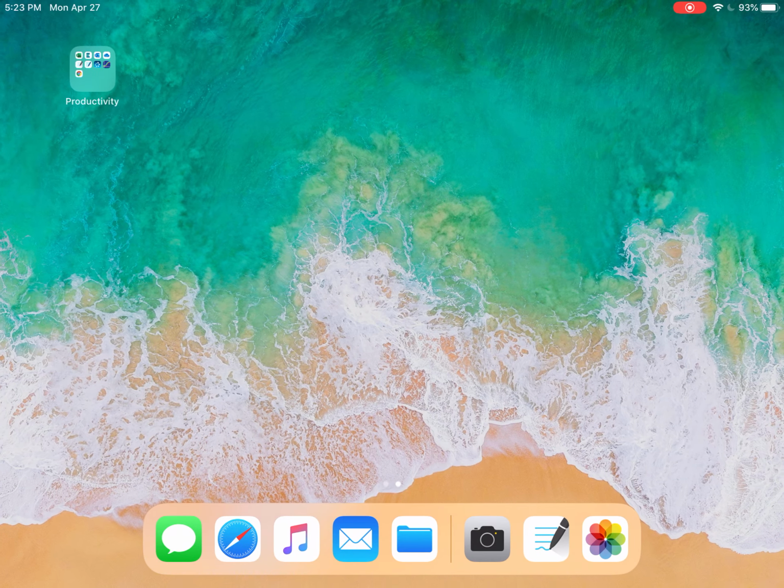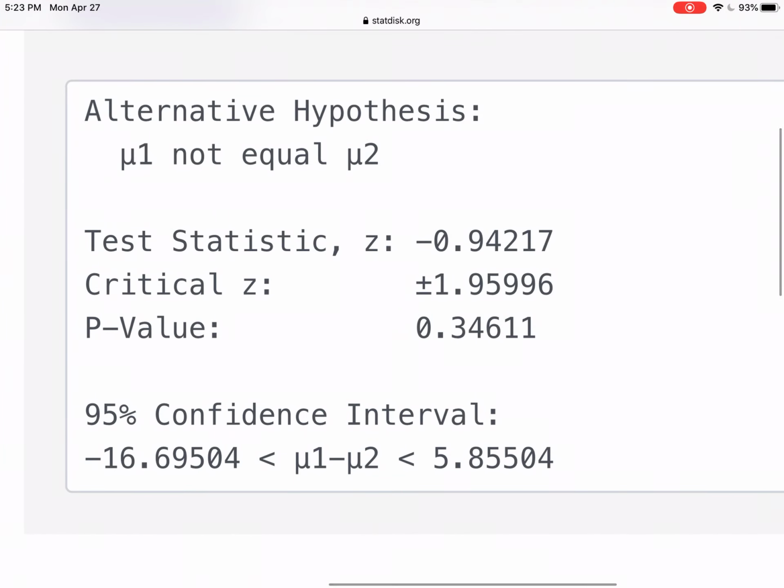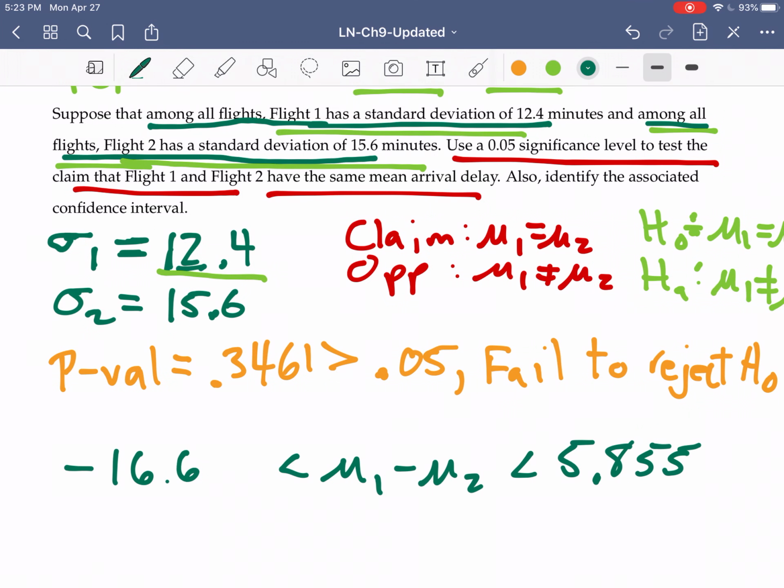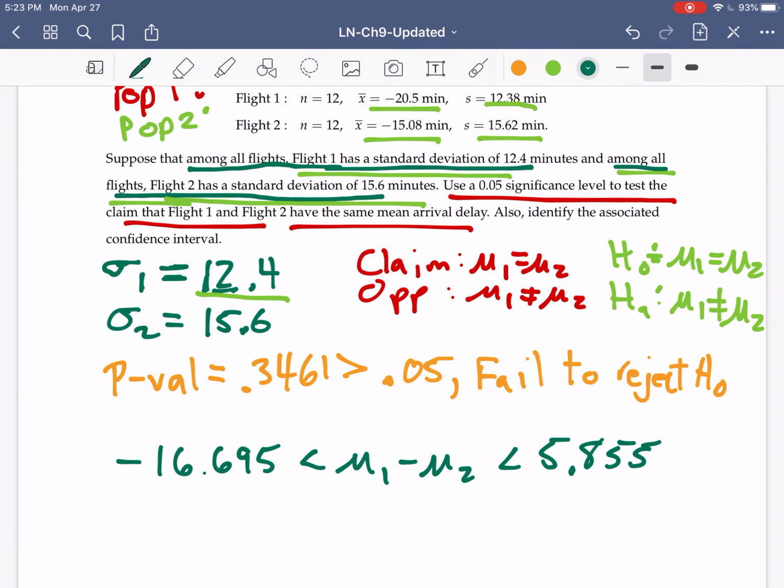Notice here that 0 is in the confidence interval.